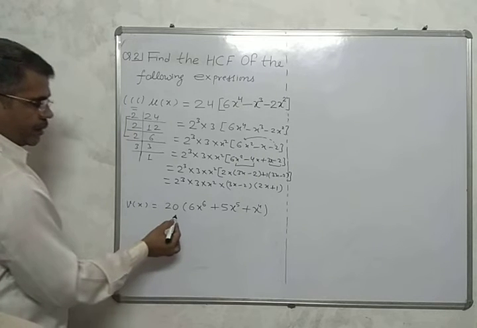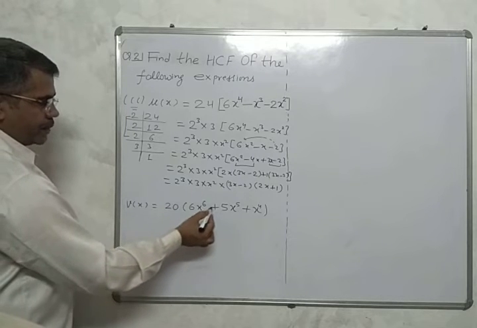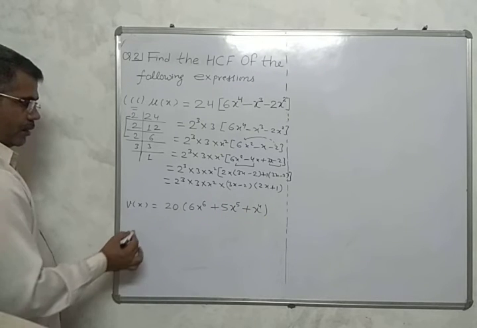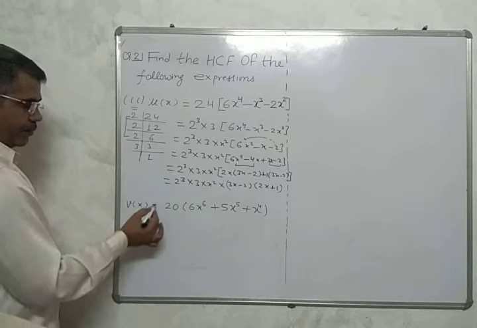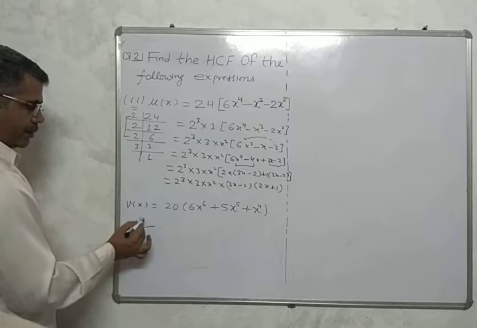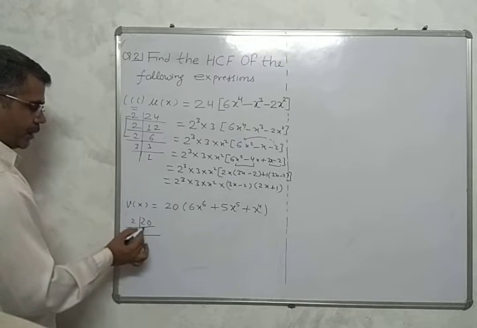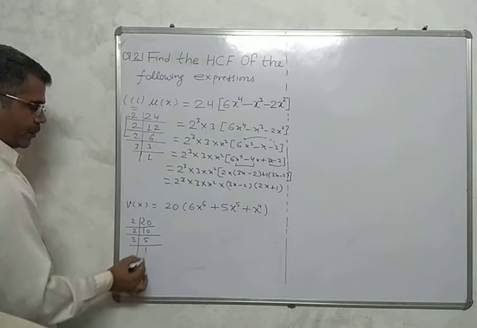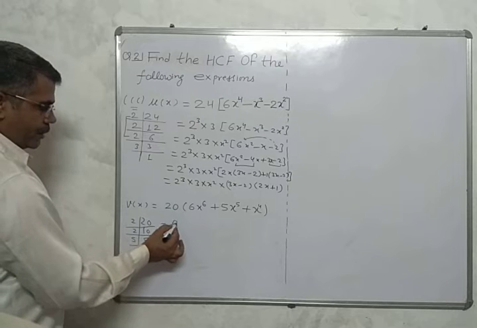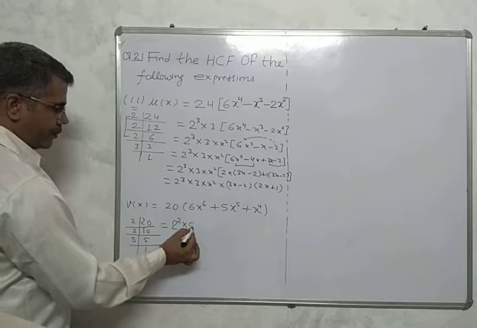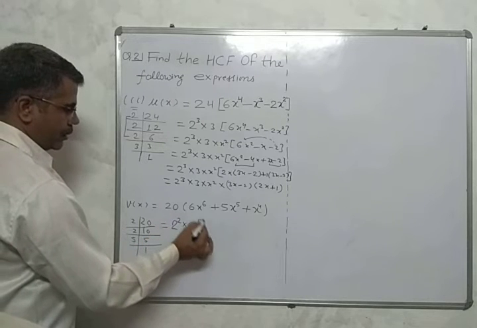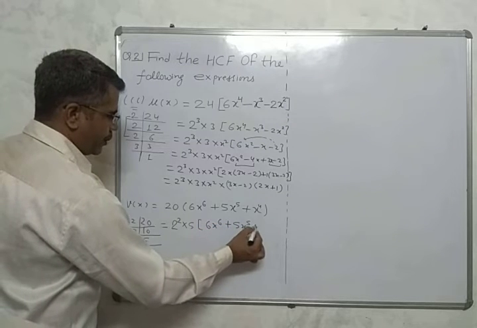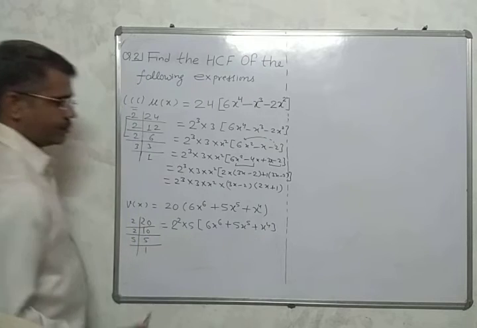Again v(x) equals 20 bracket 6x to the power 6 plus 5x to the power 5 plus x to the power 4 bracket close. If we find the prime factors of 20, we have 20 divided by 2, we have 10, again divided by 2, 5, divided by 5, 1. So 20 we write as 2 to the power 2 into 5, and 6x to the power 6 plus 5x to the power 5 plus x to the power 4 as it is.